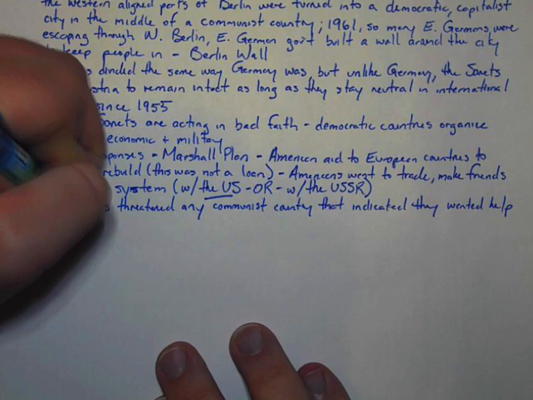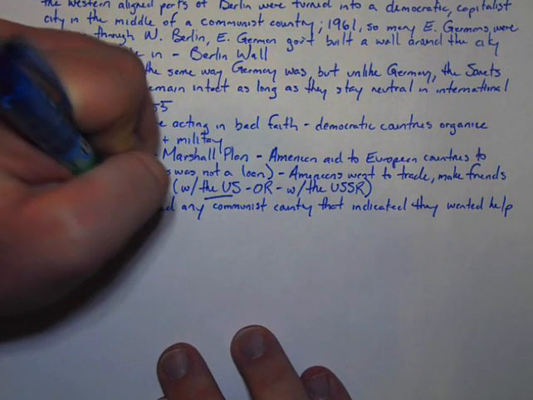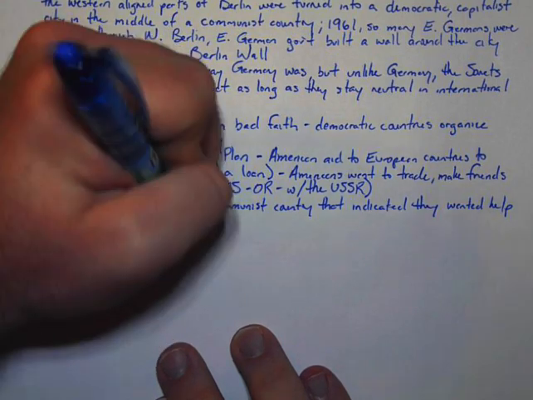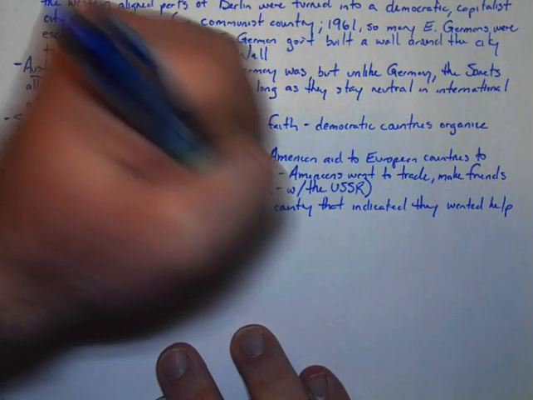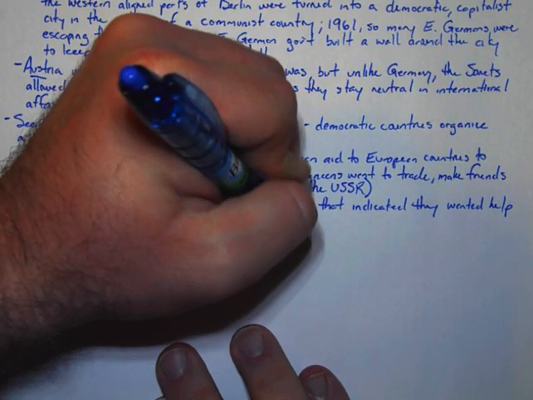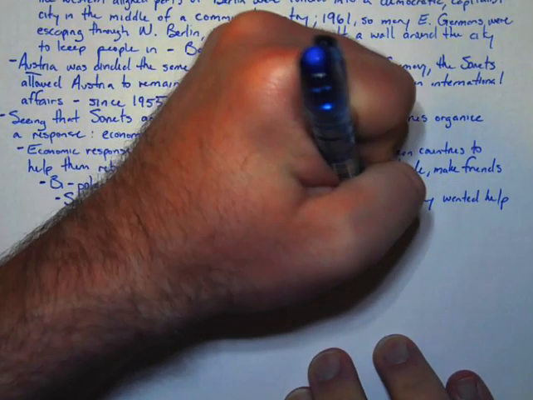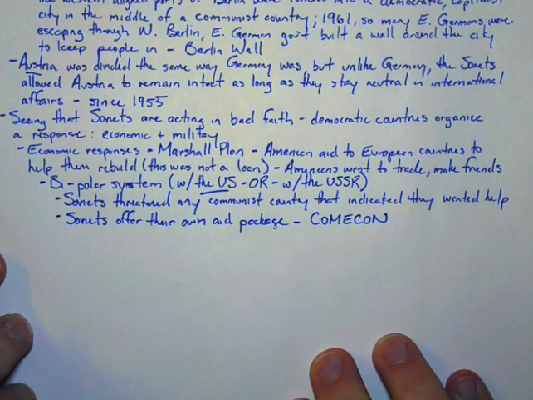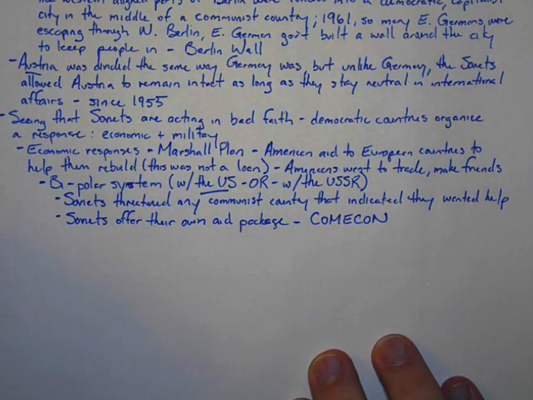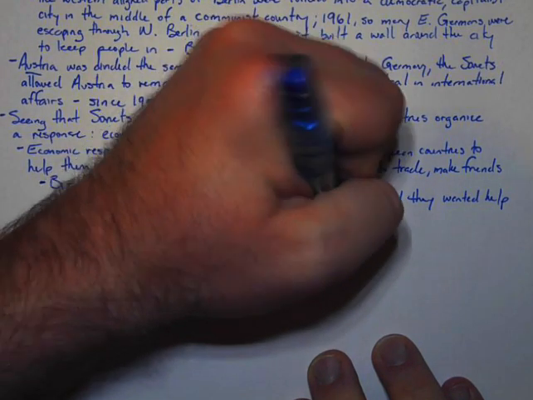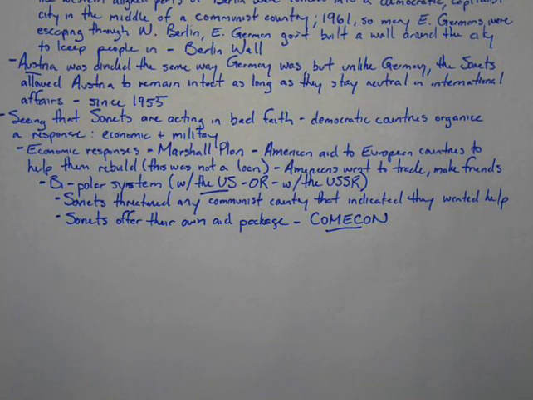So the Soviets offer their own aid package. And this becomes called Comecon. So the Council for Mutual Economic Assistance. The Soviets love to make big acronyms or big abbreviations for long-winded titles. So Comecon was their version of the Marshall Plan.